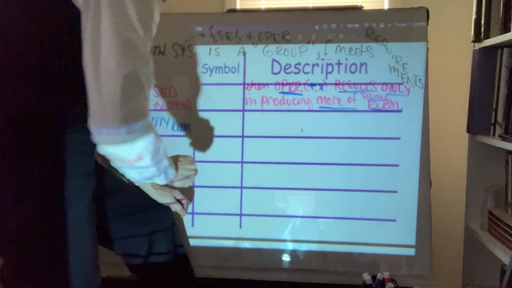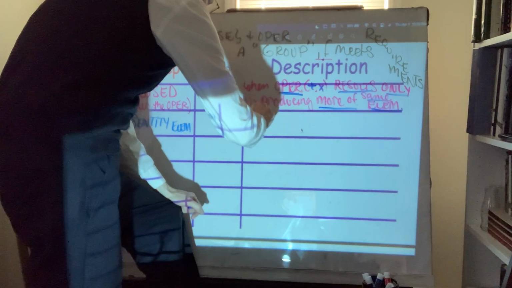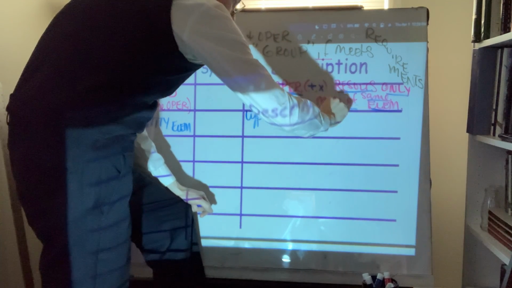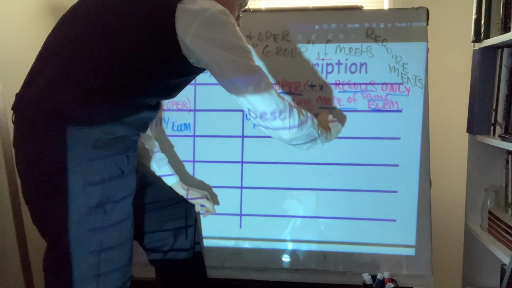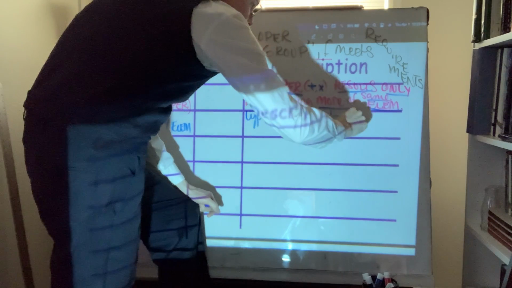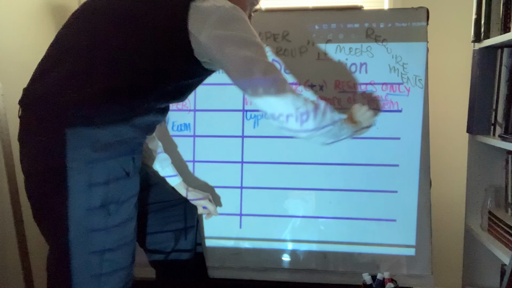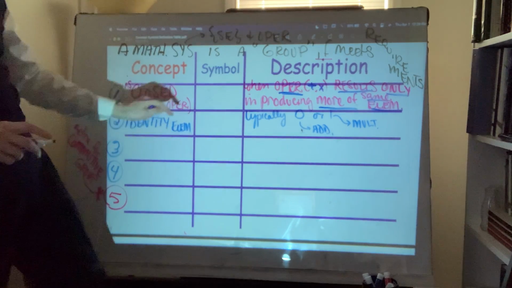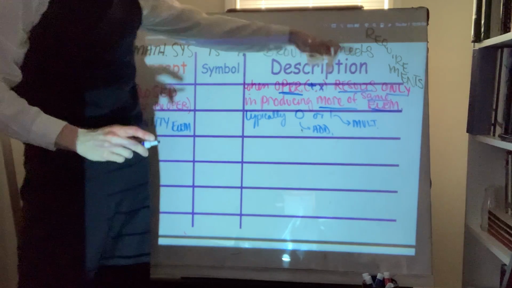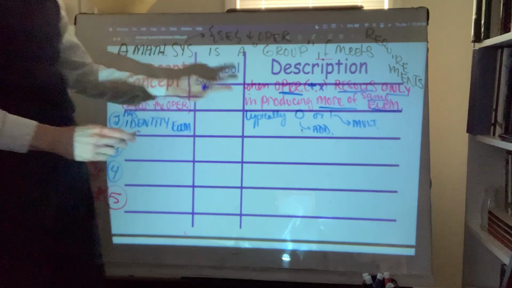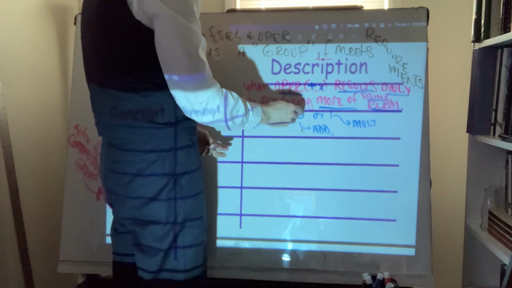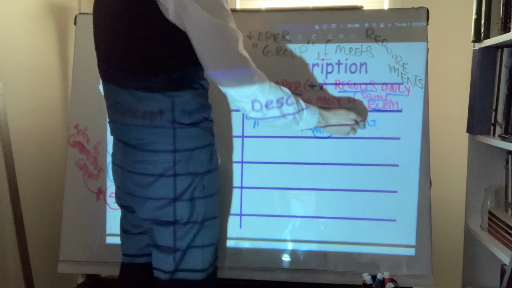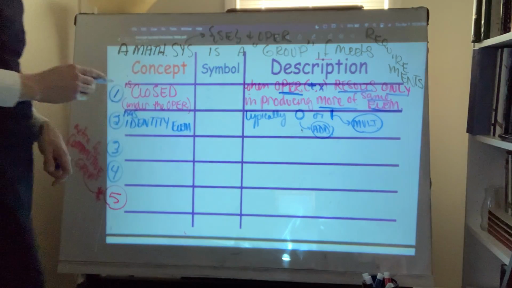So in other words, in your set, typically this is 0 or 1. This is for addition, and this is for multiplication specifically. If your set has a 0 in it, then it has an identity element. If your set has a 1 in it, it has an identity element. Now what you're hoping for is that you want a 0 in the case of the operation of addition, and you want a 1 in the case of the operation of multiplication, okay?